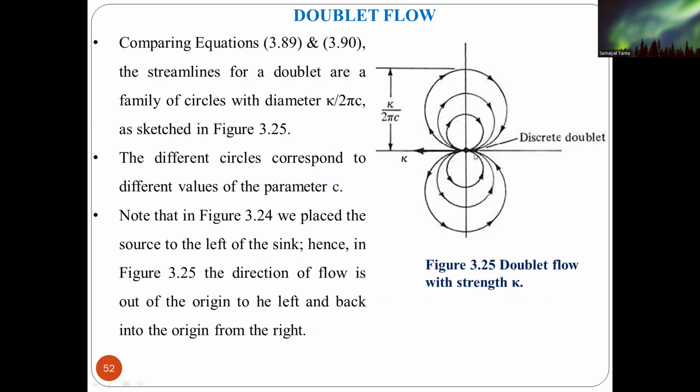So this is what we call doublet flow with strength k. The circles which we can find have diameter k over 2 pi c, where c is some constant.